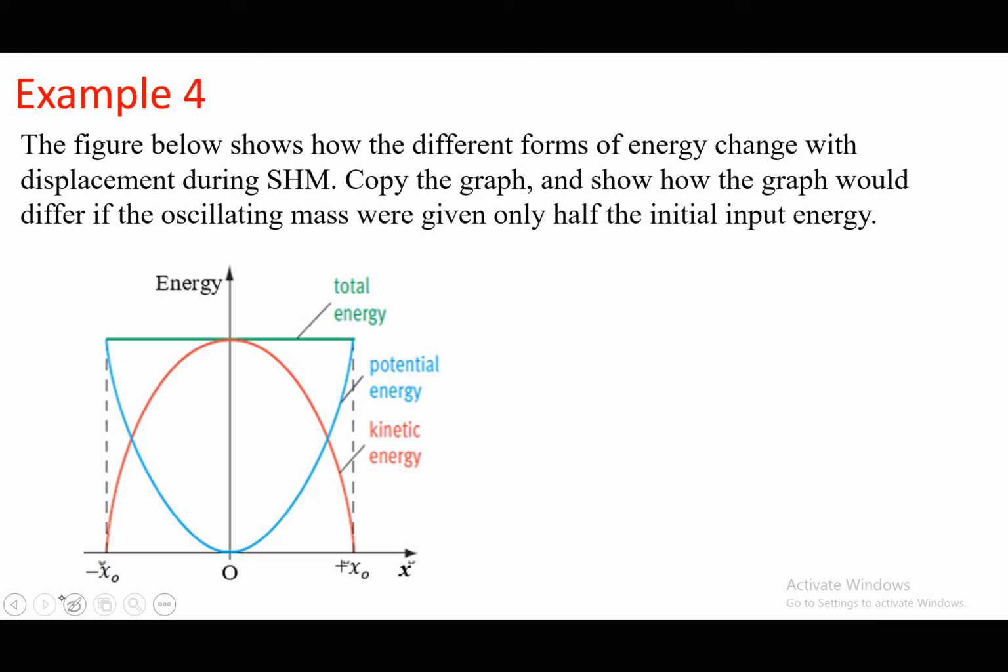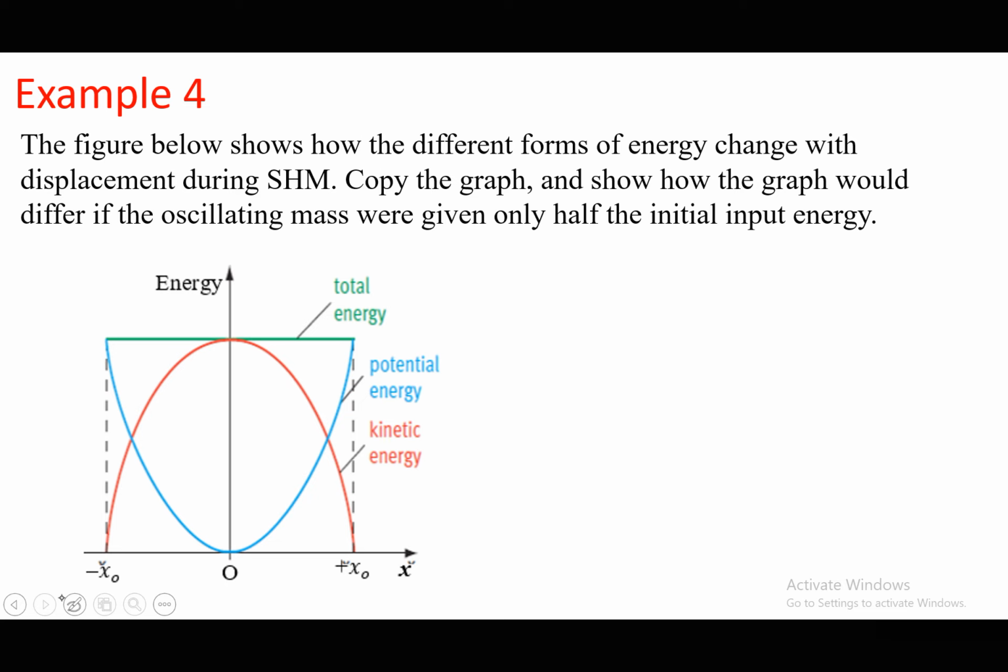Copy the graph and show how the graph would differ if the oscillating mass were given only half of the initial input energy. So the energy is simply half. The energy is simply going to be half.